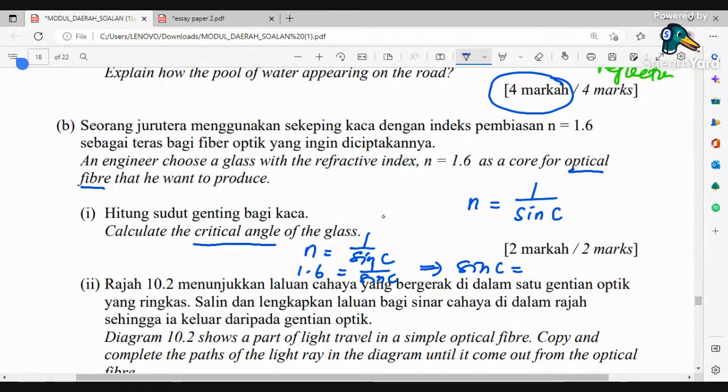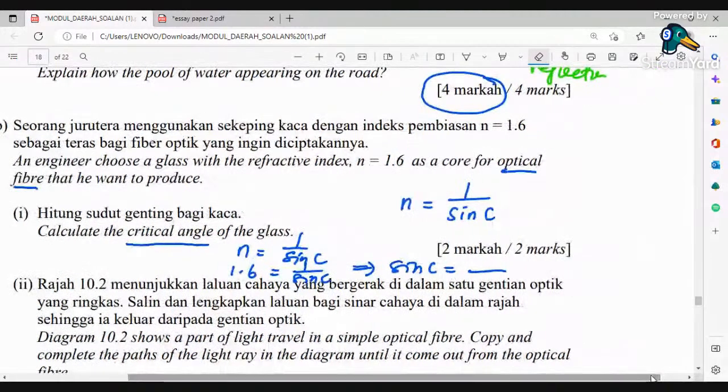Find the value, and you will get the critical angle, C equals 38.68 degrees.